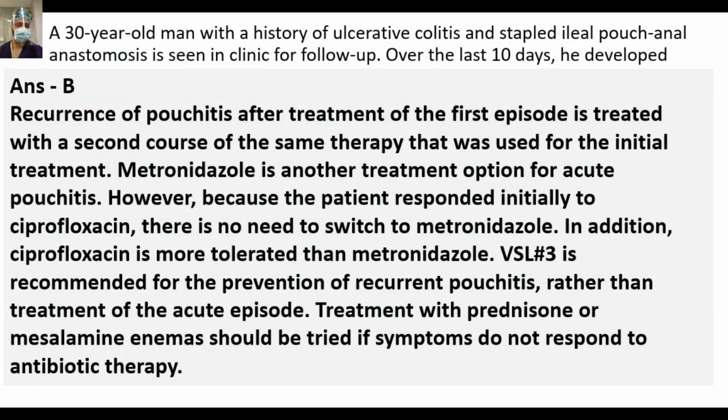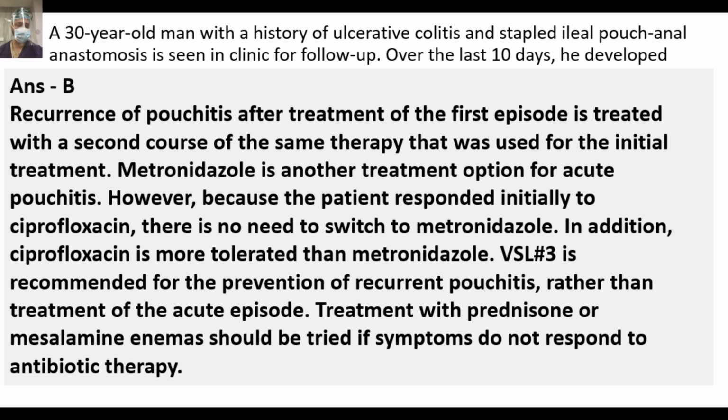So the answer to this question, or the treatment for this patient, will be answer B, that is ciprofloxacin 500 mg BD. The explanation is that a recurrence of pouchitis after treatment of the first episode is treated with a second course of the same therapy that was used for the initial treatment. Metronidazole is another treatment option for acute pouchitis. However, because the patient responded initially to ciprofloxacin, there is no need to switch to metronidazole.